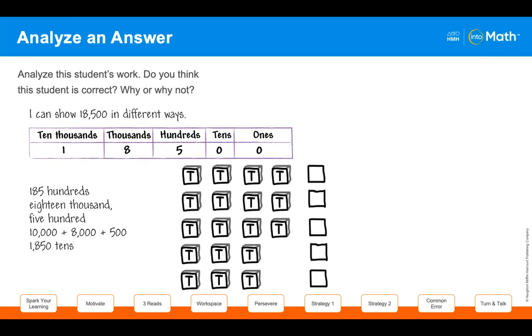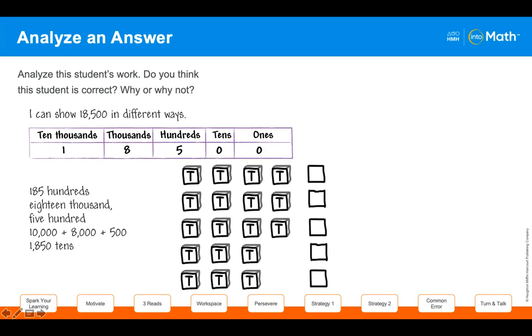We can also see that here they wrote 185 hundreds. So that's a flexible way of thinking about this number. Instead of just going by the value of each digit, they said, well, if I use 185 hundreds blocks, then that could still create this exact same number.